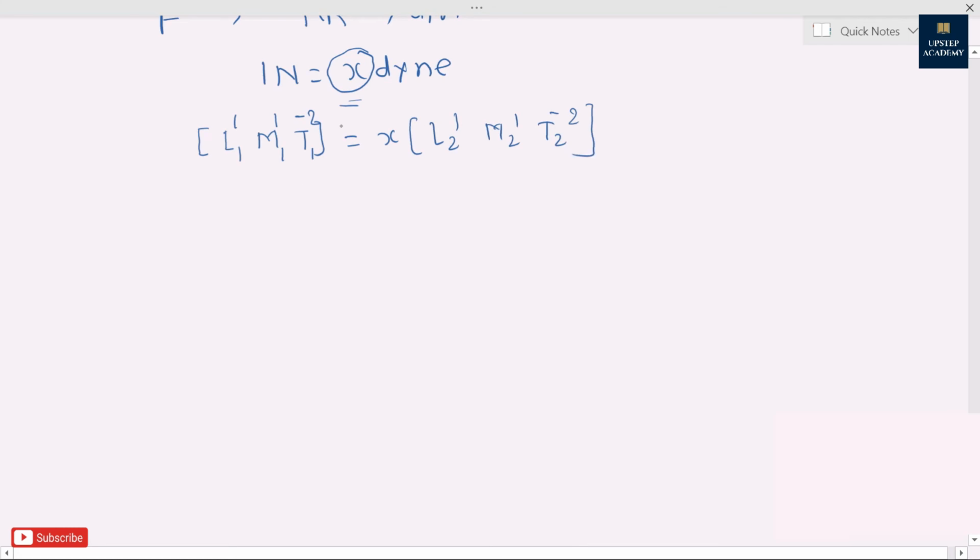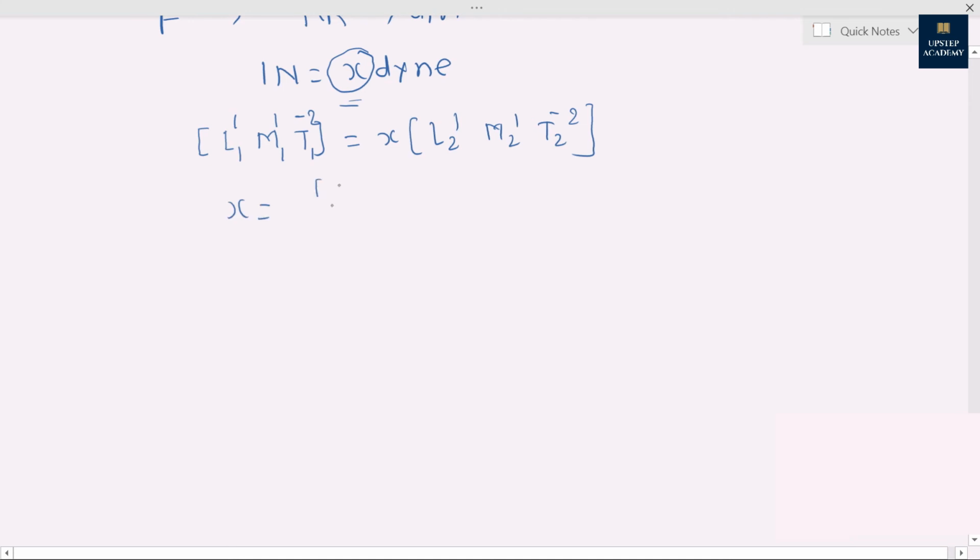We already have seen the dimensions of force are L raised to 1, M raised to 1 and T raised to minus 2. I am just keeping the suffix 1 for the left hand side and 2 for the right hand side, for the CGS unit. Okay, so what will be the X?